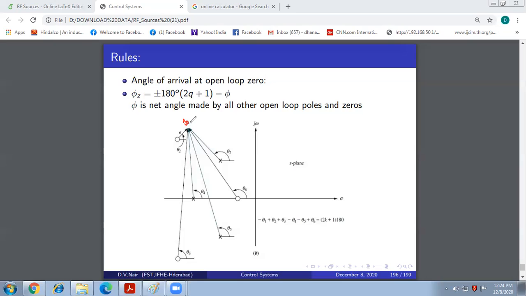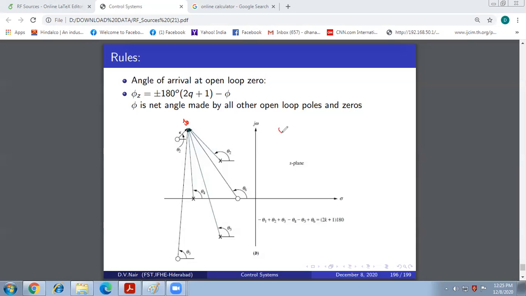So we consider S naught in proximity of one such open loop zero, and we join that point S naught with all open loop poles and zeros and find out what the angles contributed by respective poles and zeros at the point of interest S naught are.